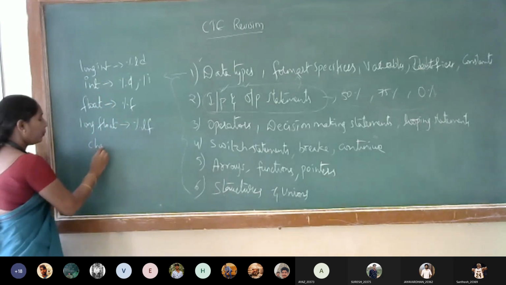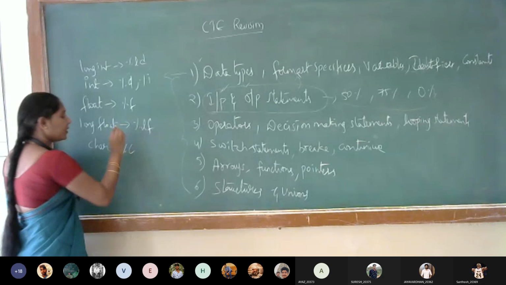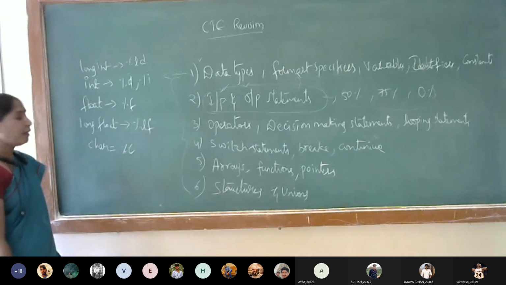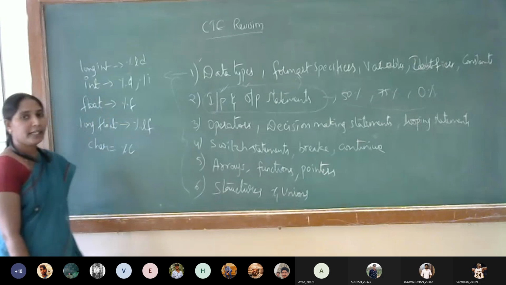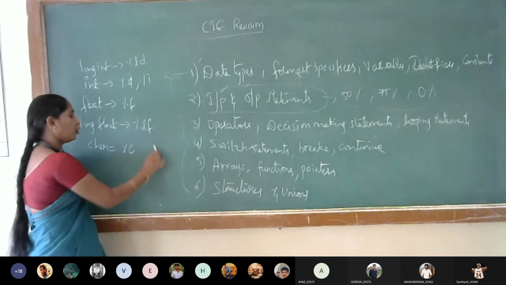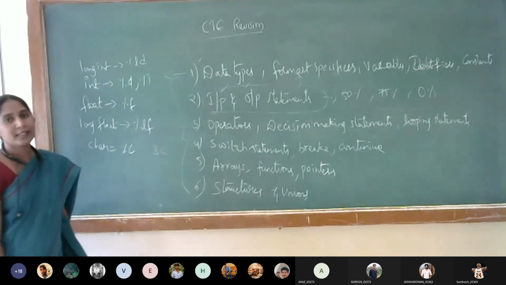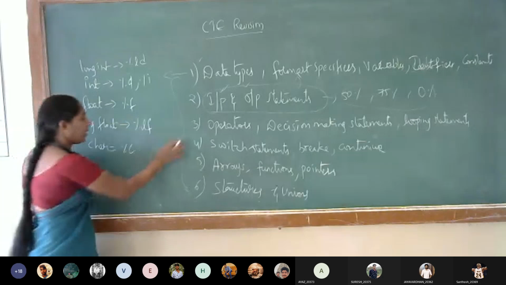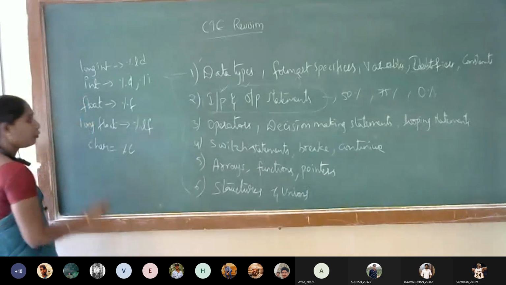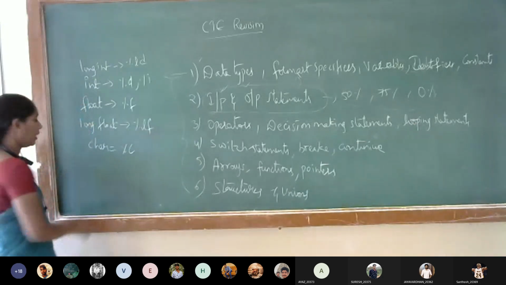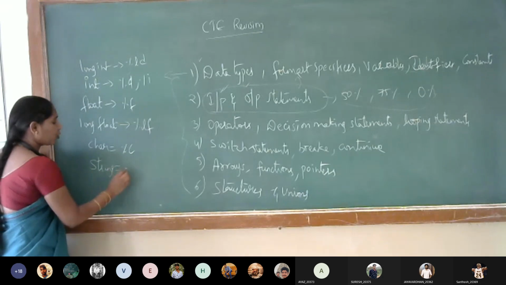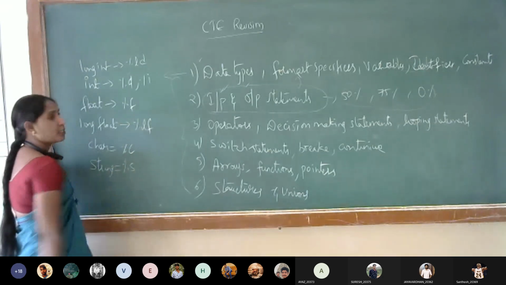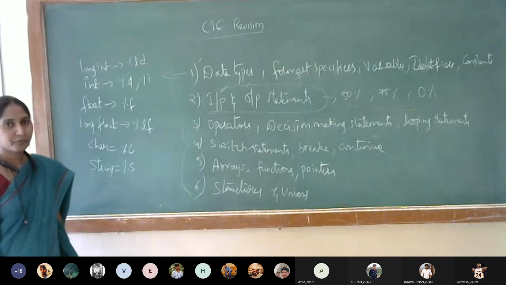For char, we will use %c. Whenever you are reading a character variable with scanf, you have to use %c for reading that character. If you want to read a string directly, we will use the %s format specifier.